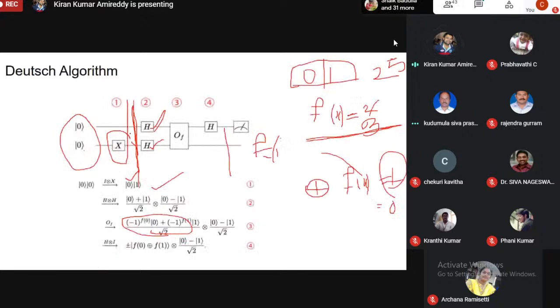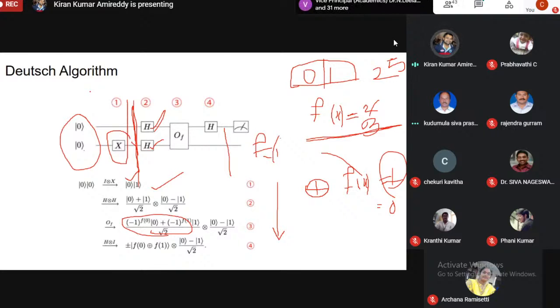So if we operate on whatever qubit or input you take, and you want to get the output values in a superposition way, you need to apply this Deutsch-Jozsa algorithm for parallel operation in a single circuit diagram.